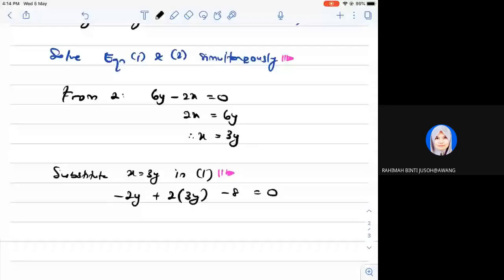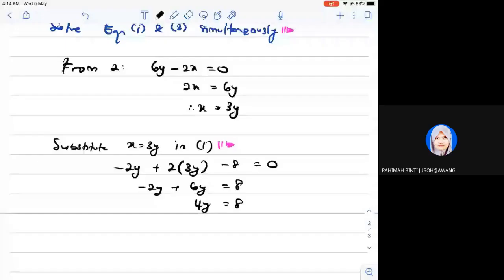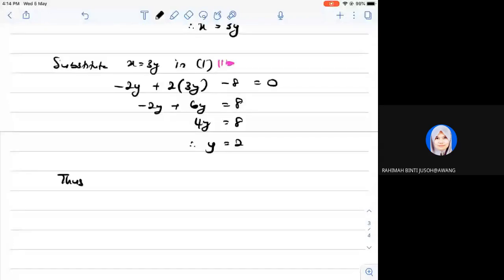So 4y equals 8. Therefore, y equals 2. Thus x equals 3y, so x equals 3 times 2. So we have x equals 6.